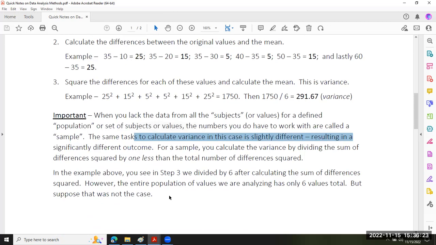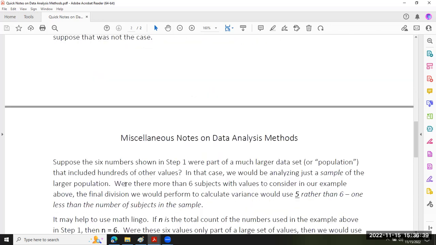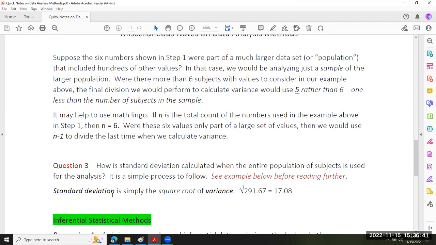So, any questions about variance or sampling? No.